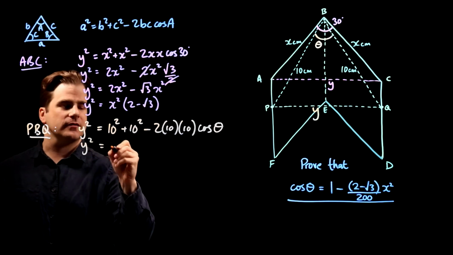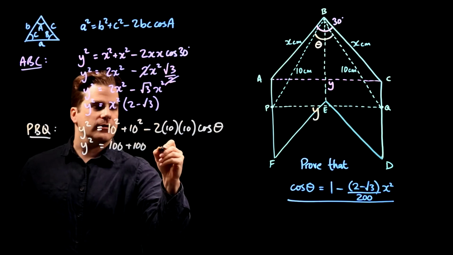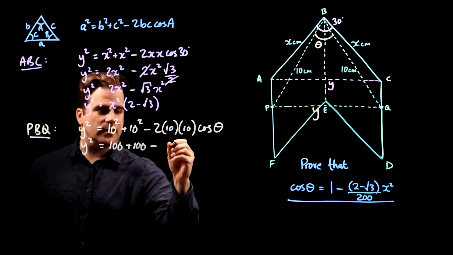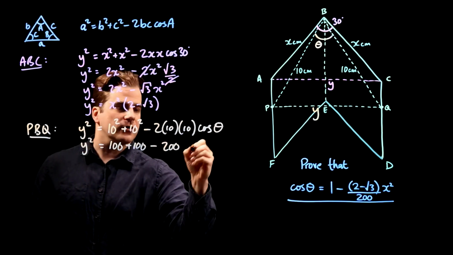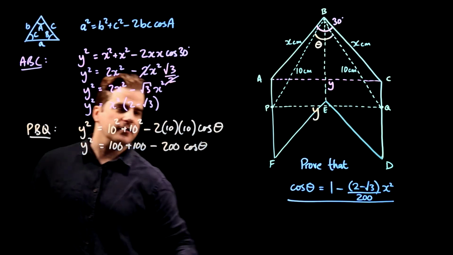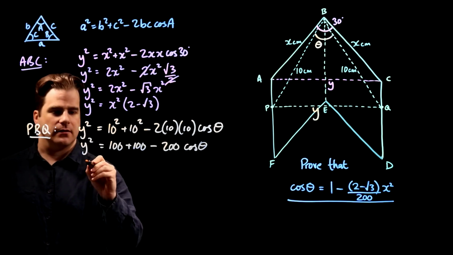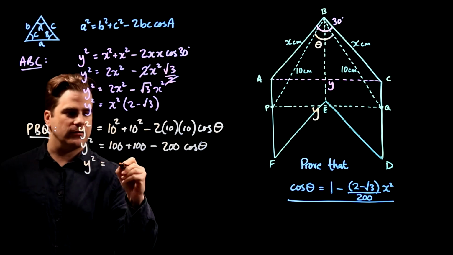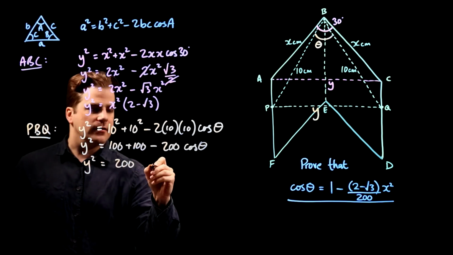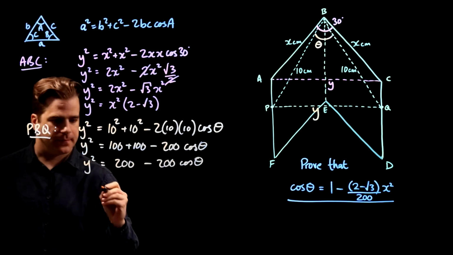Y squared is equal to 100 plus 100 minus 10 times 10 is 100, times 2 is 200 cos theta. Look, there's a 200. We're definitely on the right lines. So y squared is equal to 100 plus 100 is 200 minus 200 cos theta.